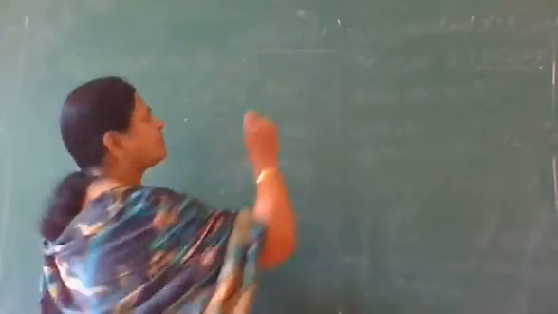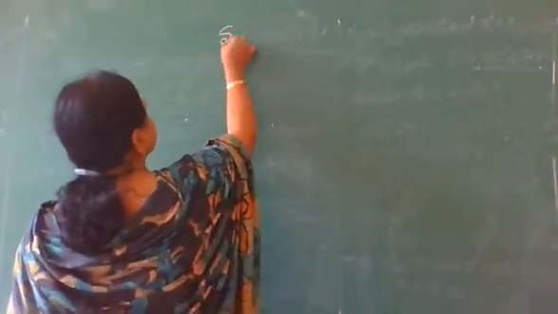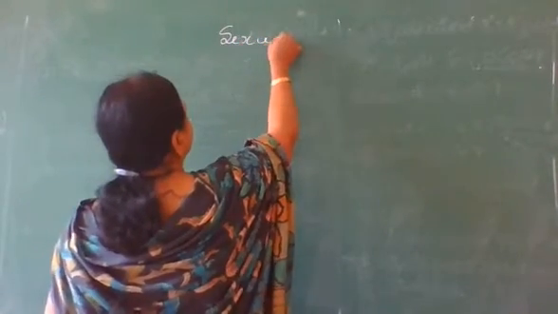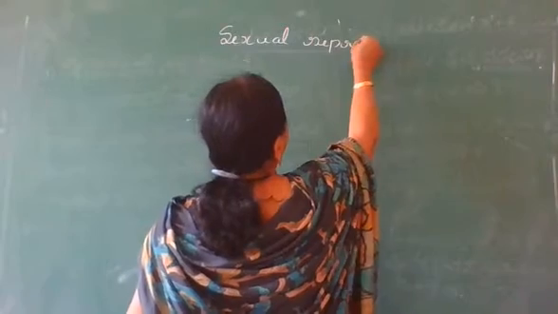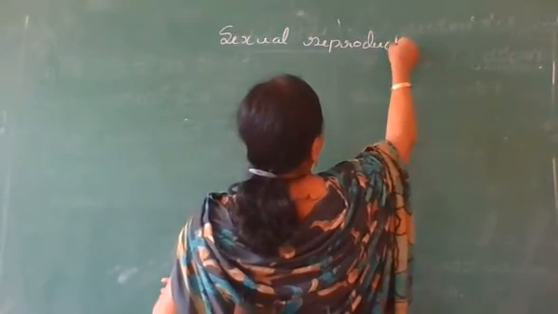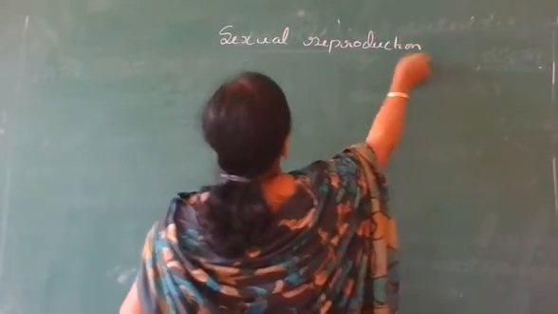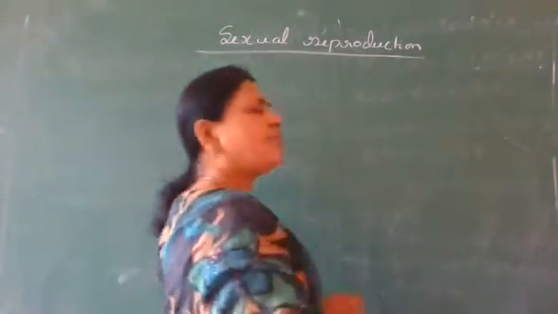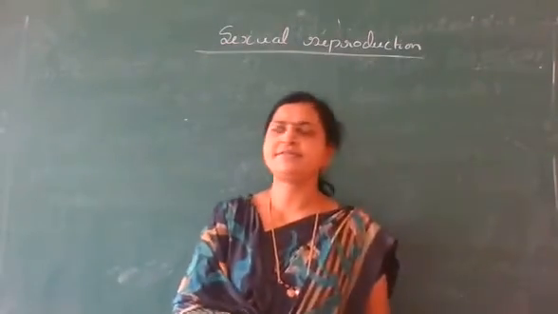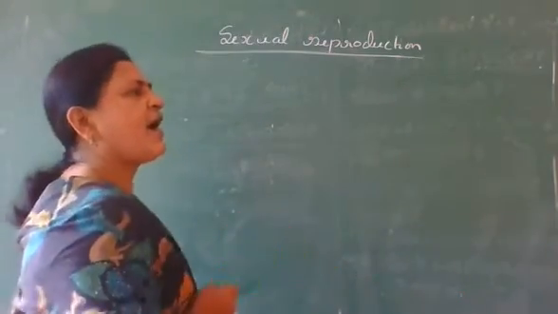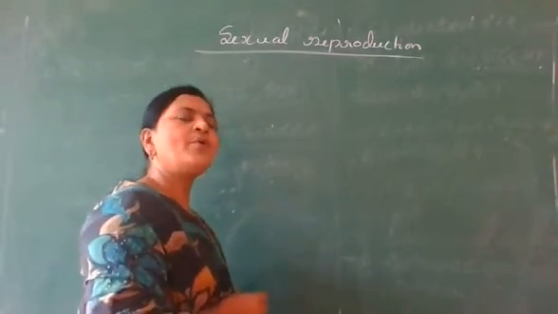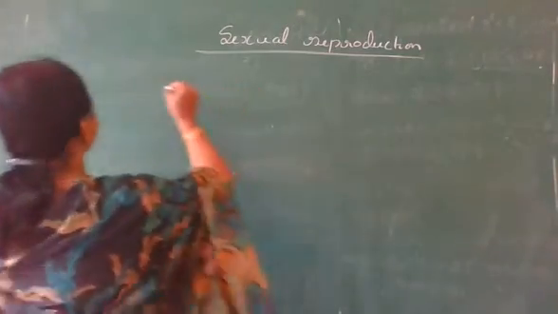Now first we will discuss the 1 mark questions in sexual reproduction. So the first question is, differentiate between syncarpous and apocarpous condition.